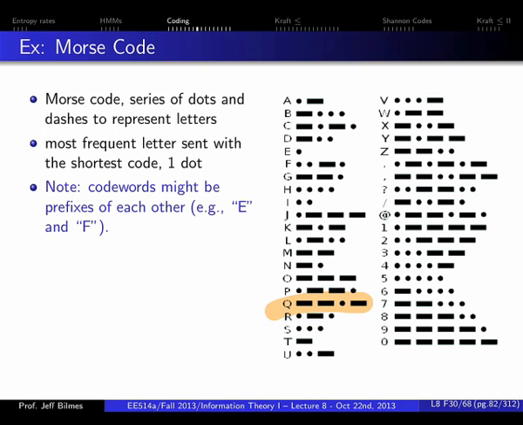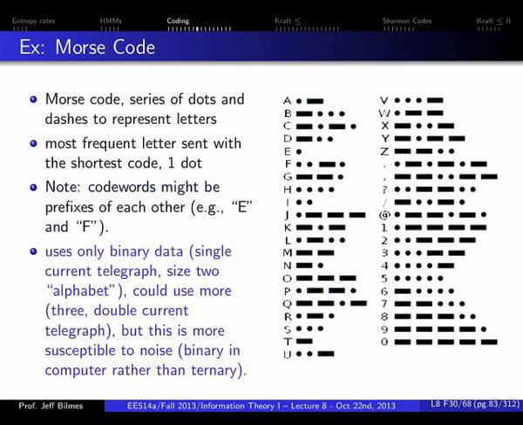Yeah. You need punctuation. It sounds like it, because E is a prefix of F, and you can't differentiate between them. E's got all sorts of funny things. So it uses a binary alphabet, basically dots and dashes.